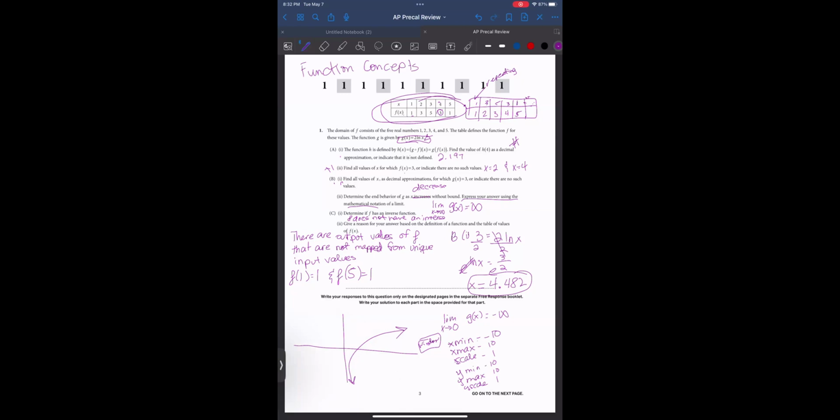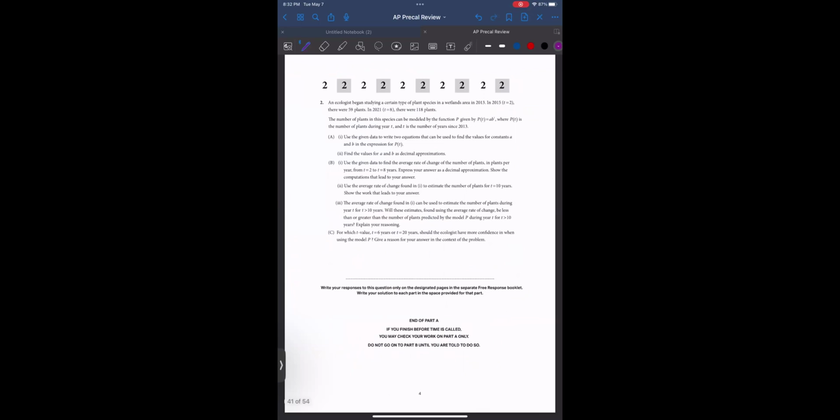In this case, it used logarithms, but it's going to basically give you some functions and you have to analyze the functions. That's number one. Every single AP Precalculus exam has the first question being function concepts. The second one is modeling, which we're going to mosey on over to right now.